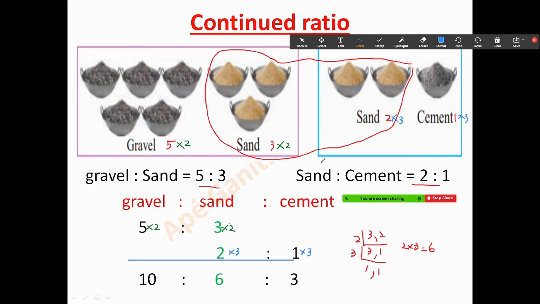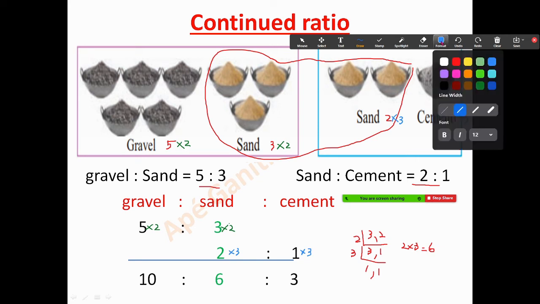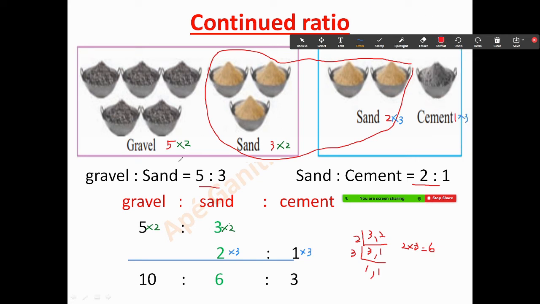Sand to cement: sand 2 parts, cement 1 part. Therefore I write this second line. I wrote the first line using this ratio, and I wrote the second line using this ratio 2 to 1. Okay. Now we have to combine the ratios. Now it is very easy to combine. 5 into 2 is 10. 3 into 2 is 6. 2 into 3 is 6.